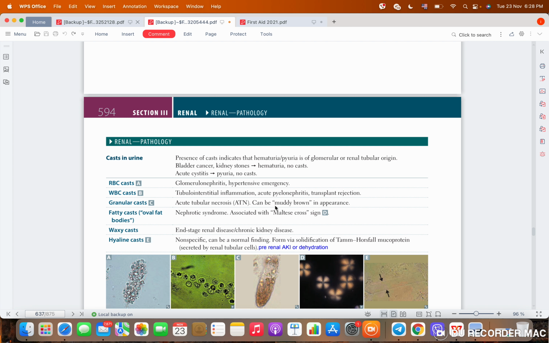The same thing with transplant rejection, it is the kidney itself that is dysfunctional. Let me contrast this with a patient who has cystitis, which is a bladder inflammation. In a bladder inflammation, will you have white blood cell casts in the urine? No, you will not have a white blood cell cast in the urine.